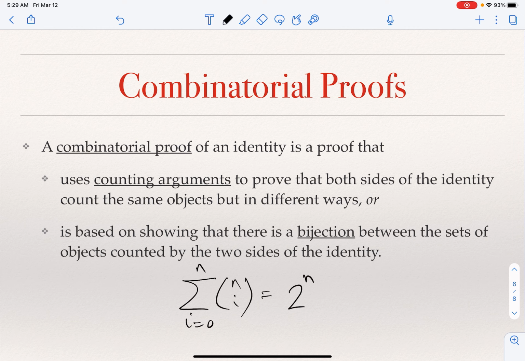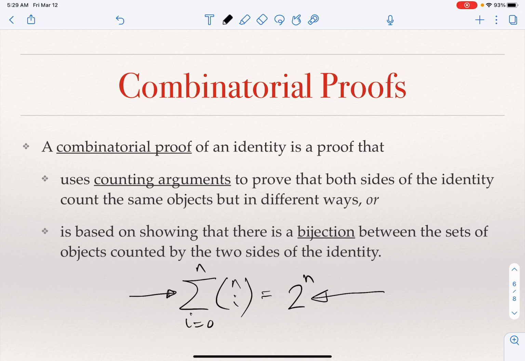One way to prove this true is by using combinatorial proof. How do I use combinatorial proof? I approach the problem by looking at this and come up with a counting problem or a counting argument. And then I can approach that counting argument in two different ways: one that results in the left-hand side, one that results in the right-hand side.